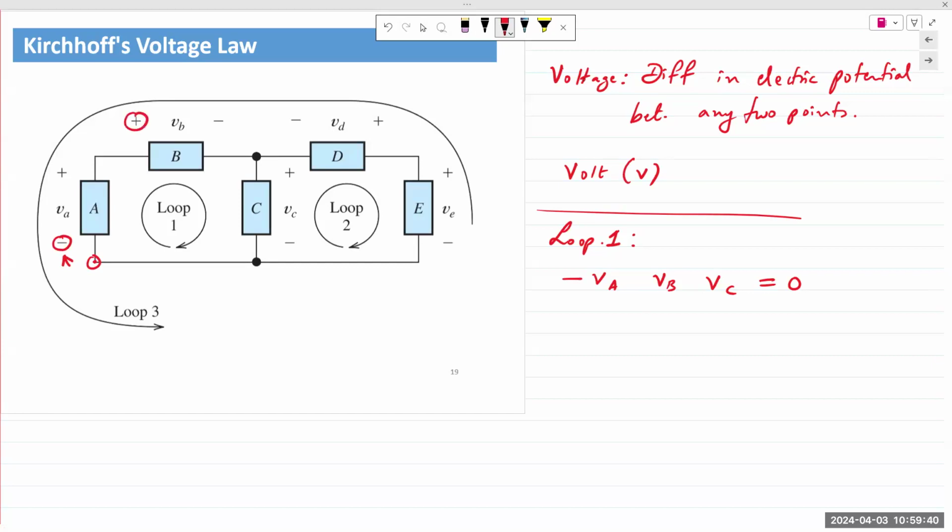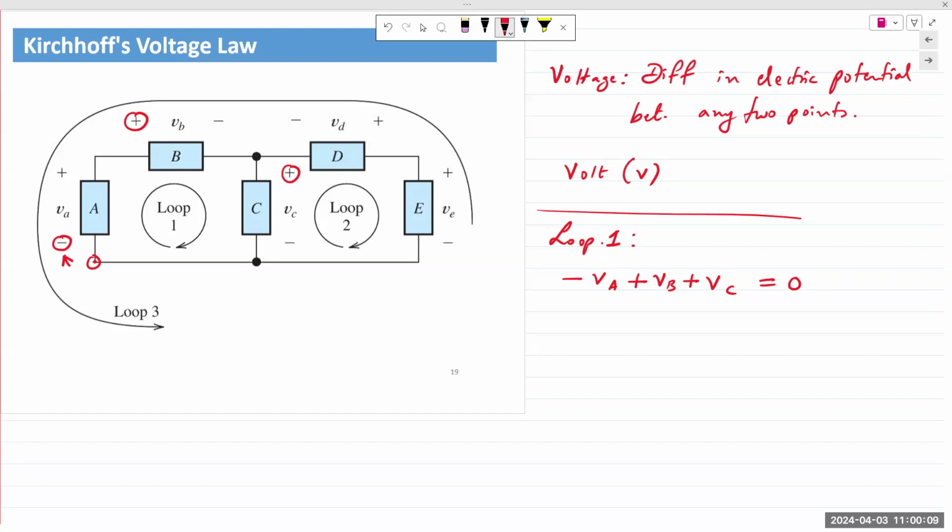For B, it's plus, so plus VB. For C, again, it's plus, so plus VC equals 0. That's how I write my KVL equations. And if you have a particular way to write your KVL equations, that is absolutely fine. You stick with what you know. As long as you are able to apply it correctly, I don't really care.